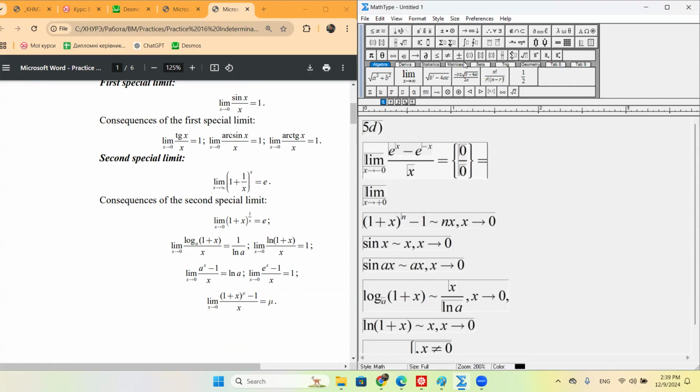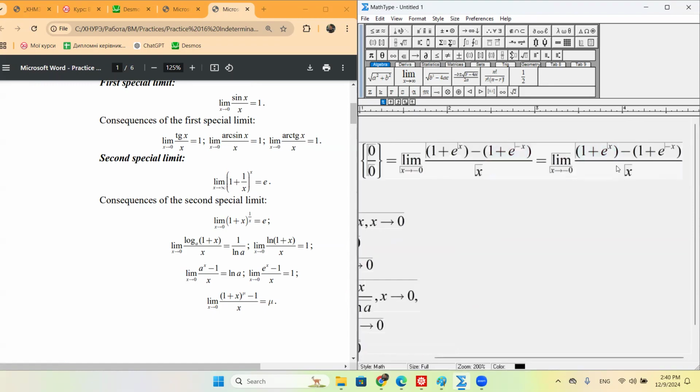Okay, so doing like this, just refreshing in your memory: 1 plus this minus 1 plus this. And if I expand the brackets, 1 is eliminated, so minus before e in power of minus x, so equality is not broken. And I can convert it into a difference of limits, by the way.